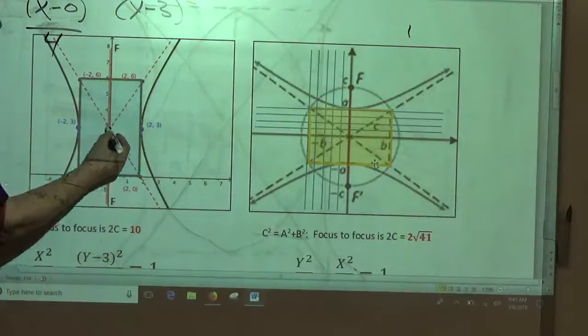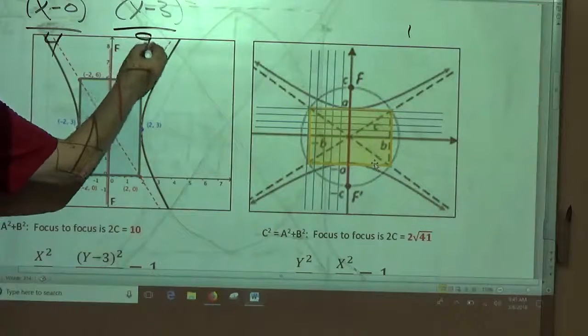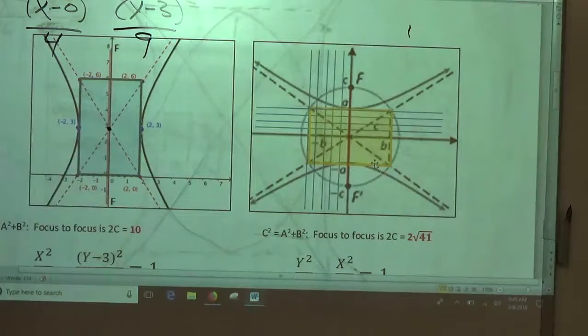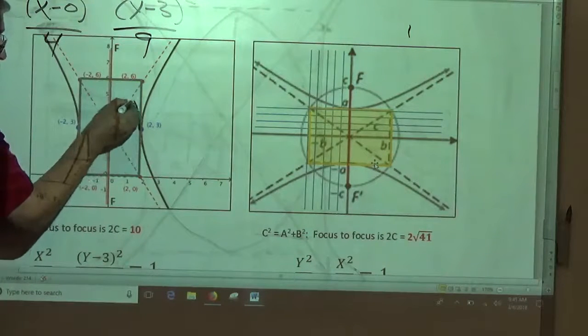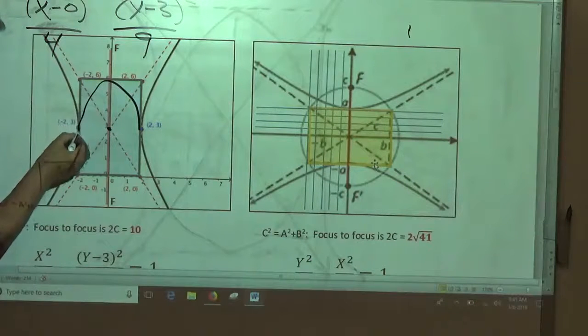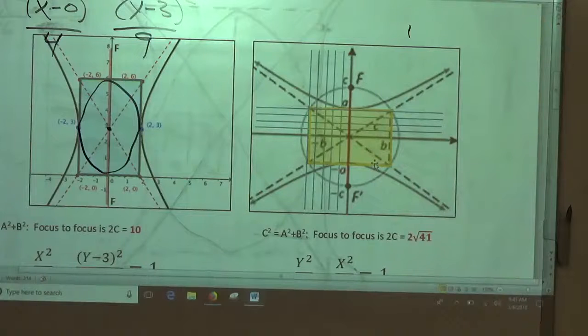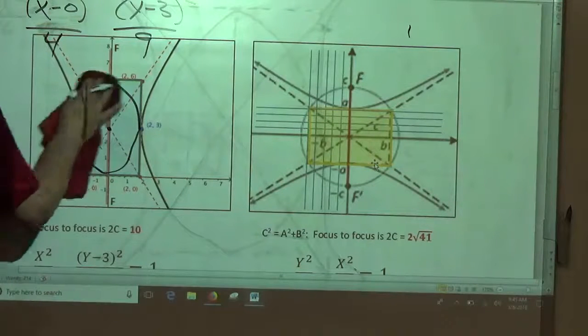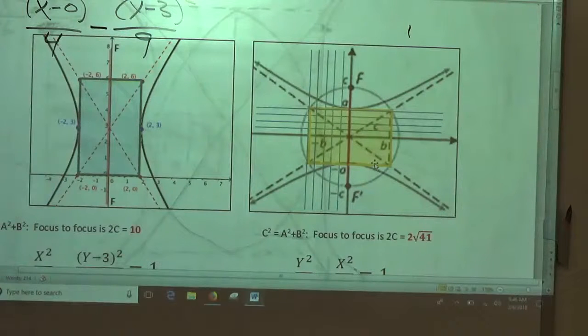Now, how far is it from here down to this? It's 3, right? And 3 squared is 9. Now, if you were doing an ellipse, this would be a plus, and you would draw the ellipse right there. But this is not an ellipse, because this is a minus.